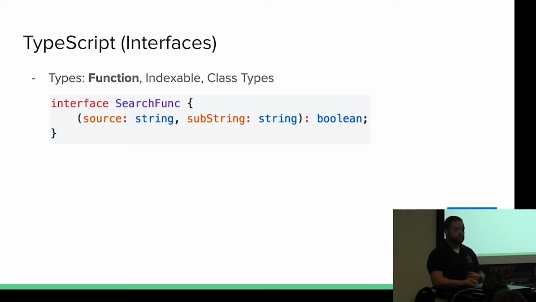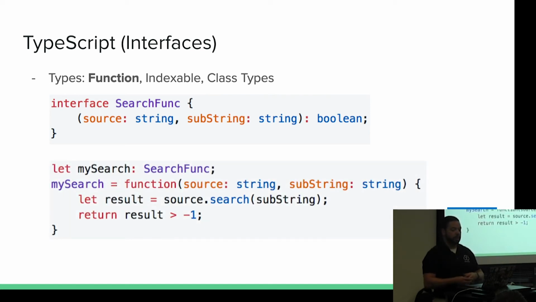So the way we use this is pretty simple. If we have a variable mySearch and we type it as search function, then when you assign mySearch to a dynamic function that we're creating, it has to abide by what is in the interface.